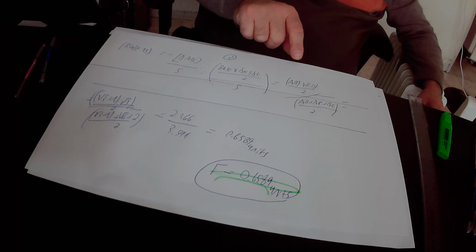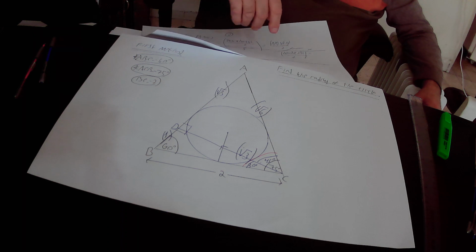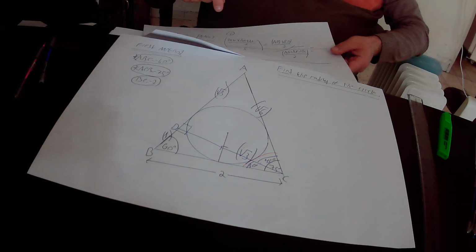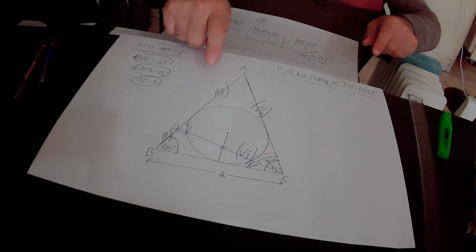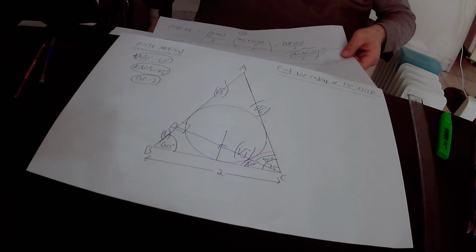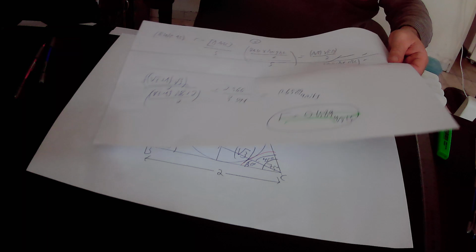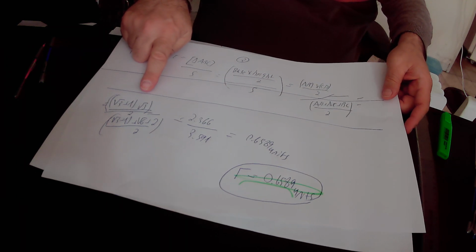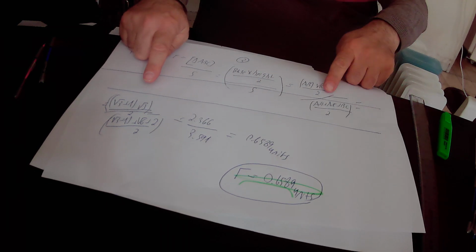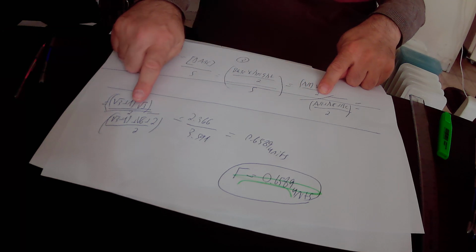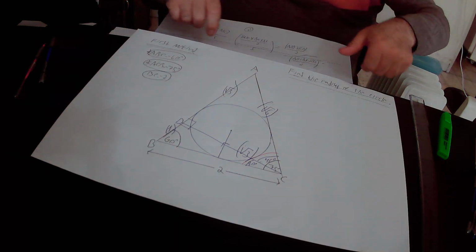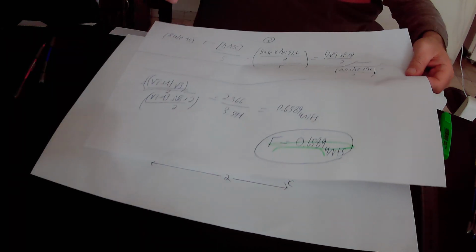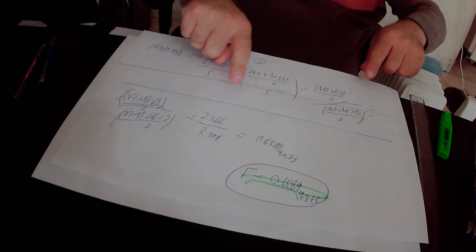So here we have AB is equal to 3 plus 1, times CD. CD is equal to 3, and we divide it by 2. And it is equal to AB, which is 3 plus 1, plus AC. Here AC is equal to square root of 6, plus BC.